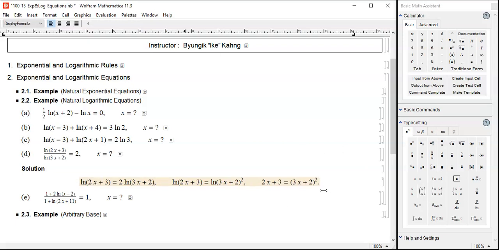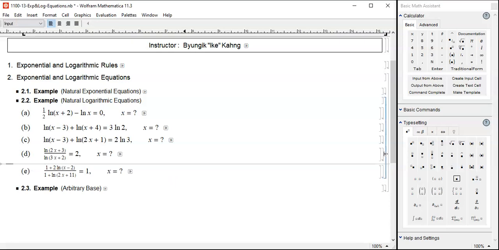Break up the right-hand side, take all those like terms together and put those into the standard form, equals to 0, and then factor those, you can find x values. Once you find those x values, make sure you plug all those back into the original equation so that you have correct solutions and illegitimate solutions.